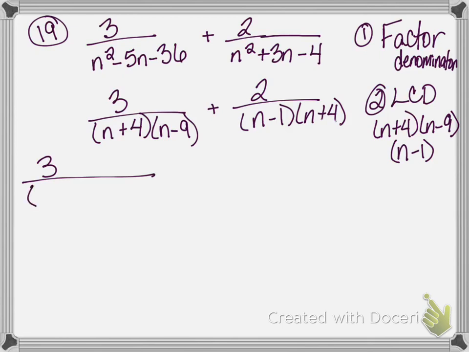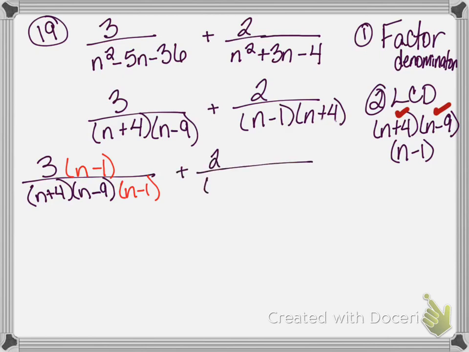Okay, so now we're going to figure out what's missing. Here I've got 3 over n plus 4 and n minus 9. So n plus 4 is there, n minus 9 is there. What am I missing? N minus 1. Then for our next one, I have n minus 1, n plus 4.